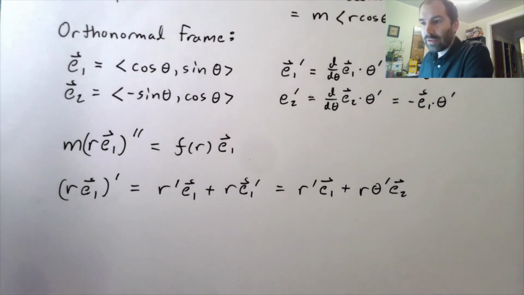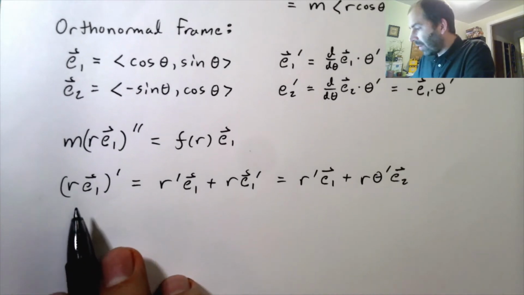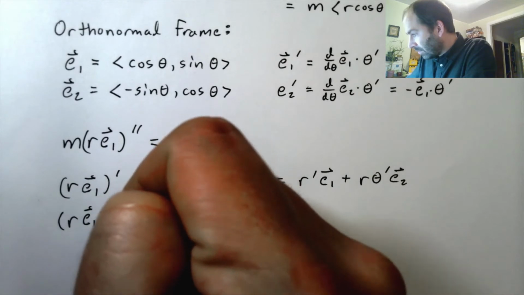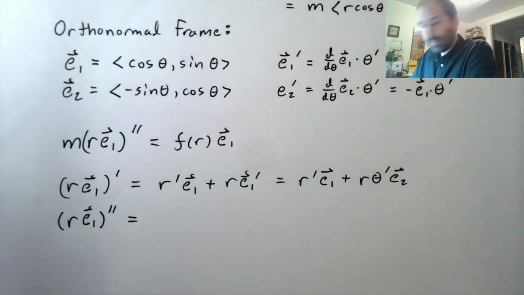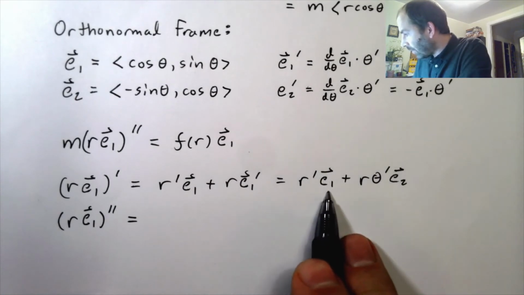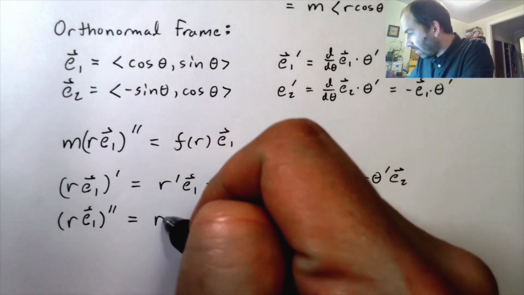So that's kind of cool. And what about two derivatives of this? Well, let's take another derivative. Let's use this one. I'm going to use the product rule in each one of these. So I'm going to have this.